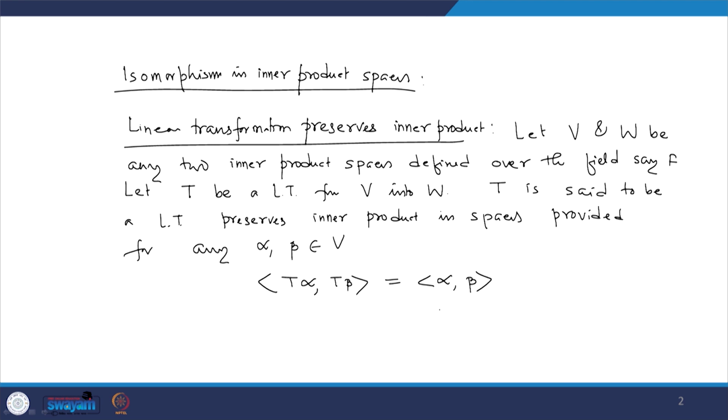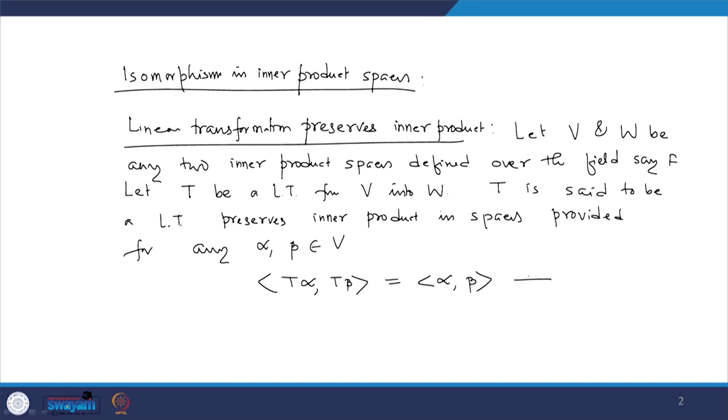Note that the inner product of T alpha and T beta is an inner product in W, whereas inner product of alpha and beta is inner product in V. So, if this property holds good, then I will say that the linear transformation preserves the inner products in the spaces.